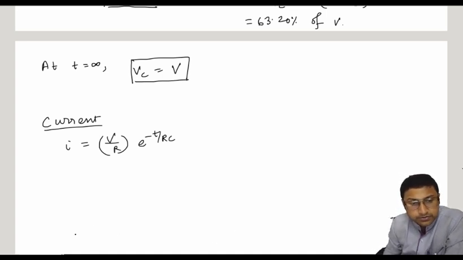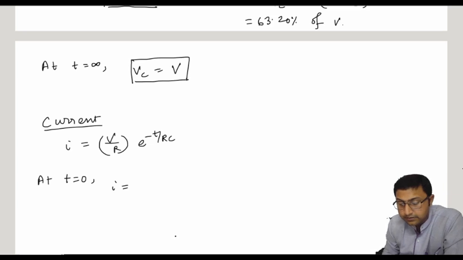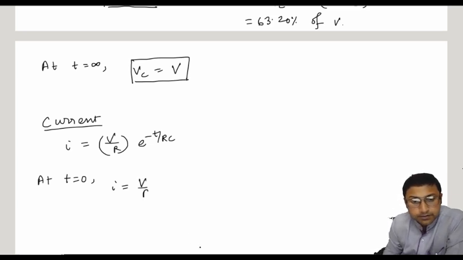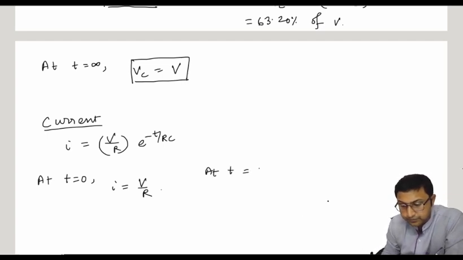So at t equal to 0, I is simply V by R. At t equal to tau, after putting the value of t equal to tau, I will be V by R into 1 by e, right?